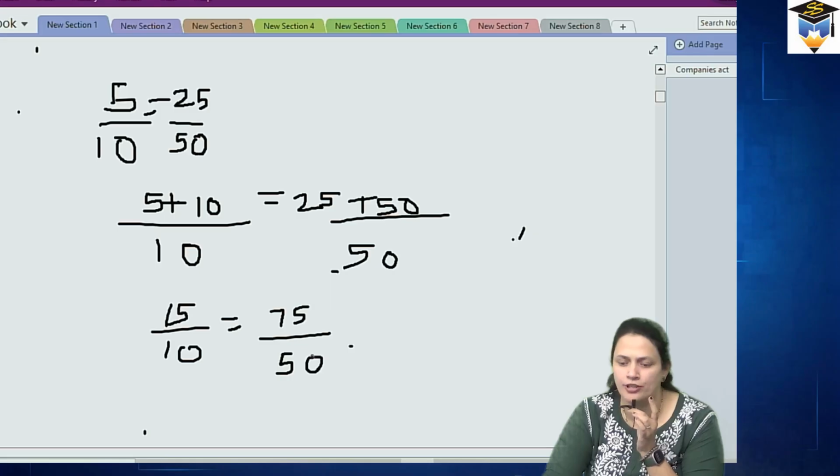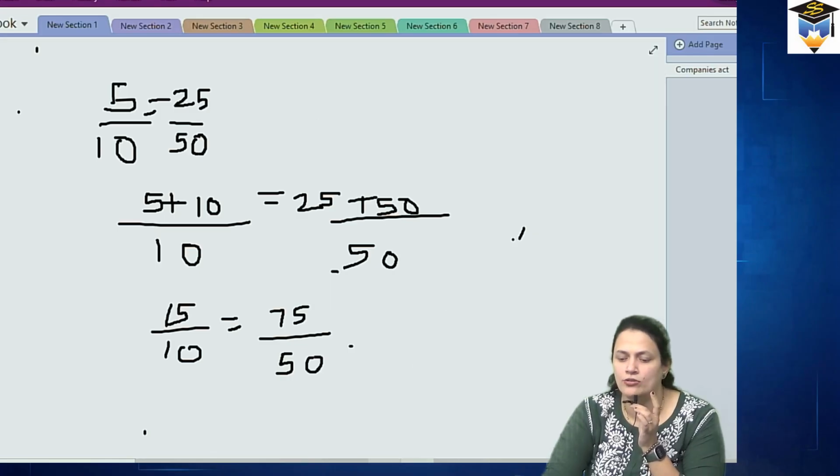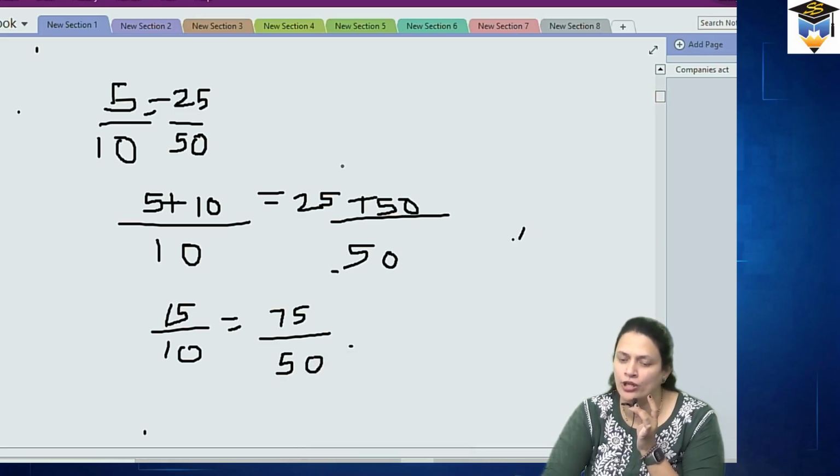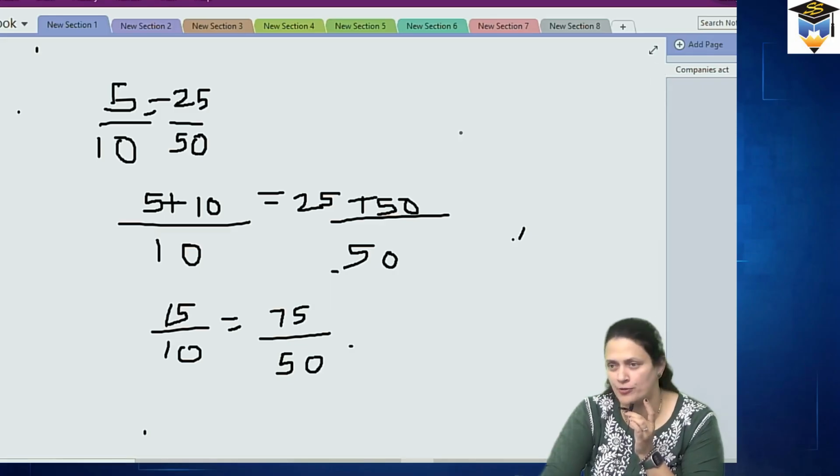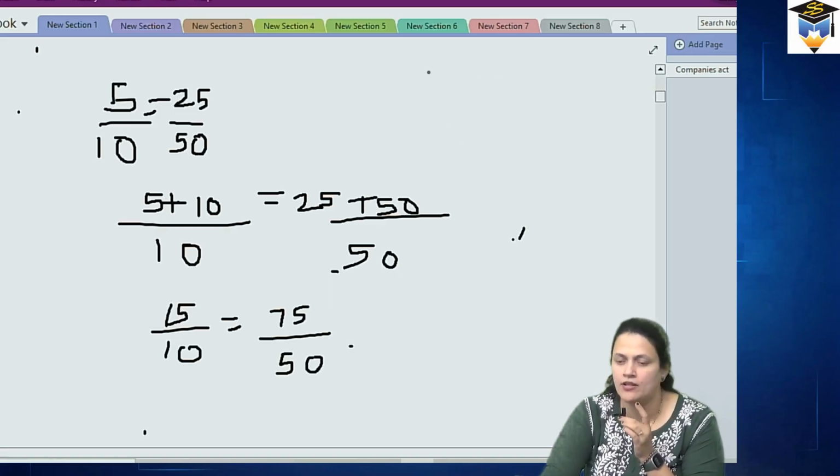Understood what is componendo? Then let us go to dividendo. In dividendo, what we are going to do is, we are going to subtract the denominator from both sides. Now here in this case, we will get a negative number, but negative number is not there in ratio and proportion. So I will take another example.